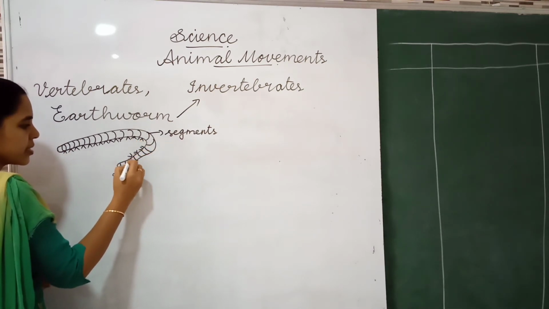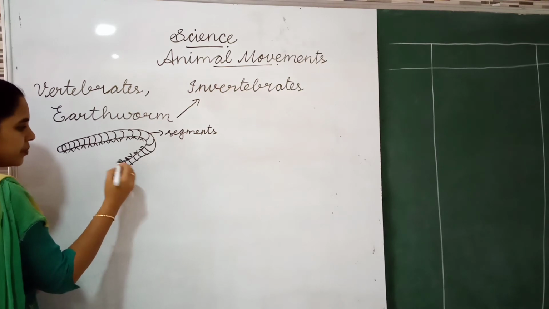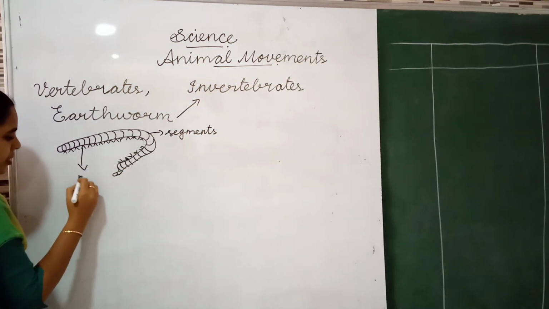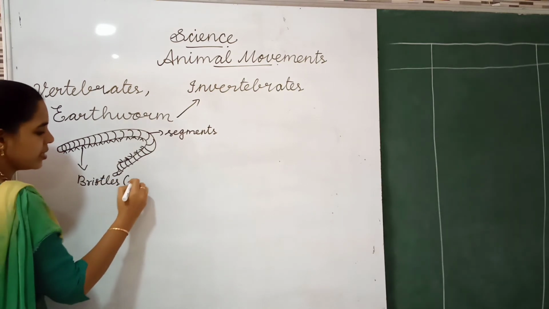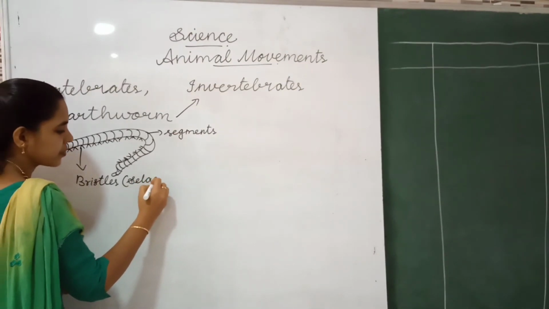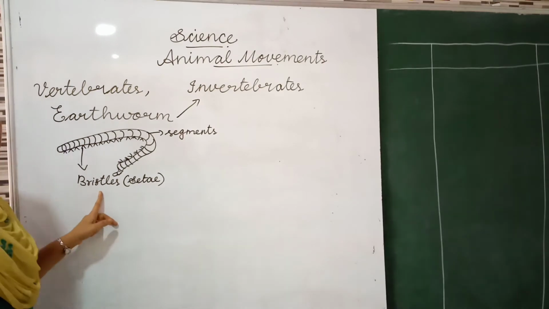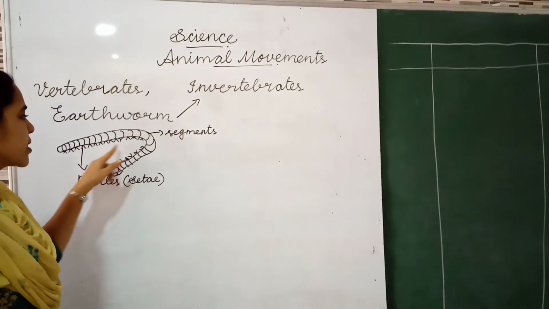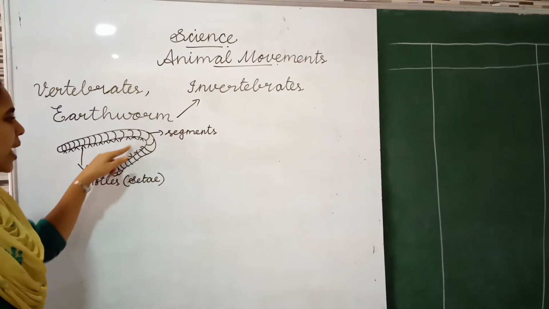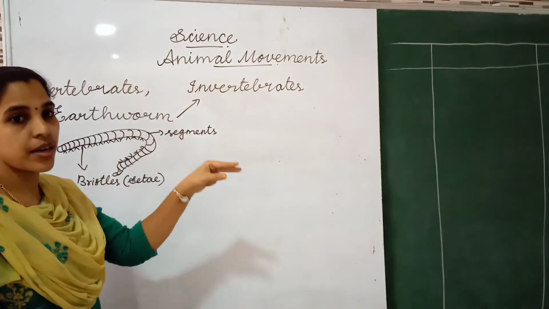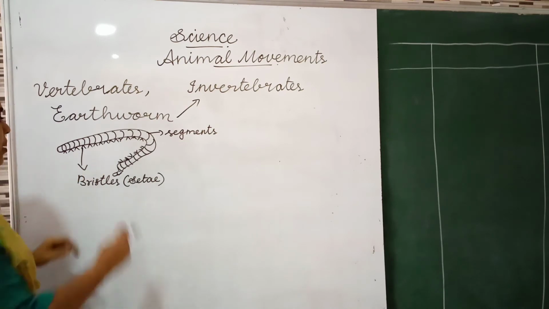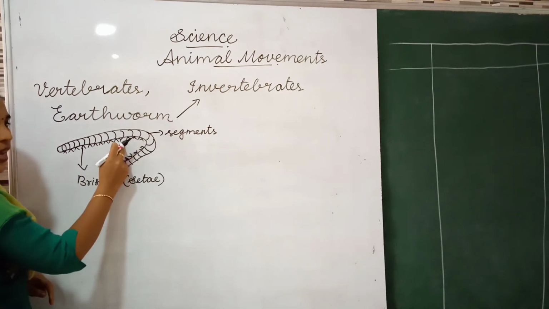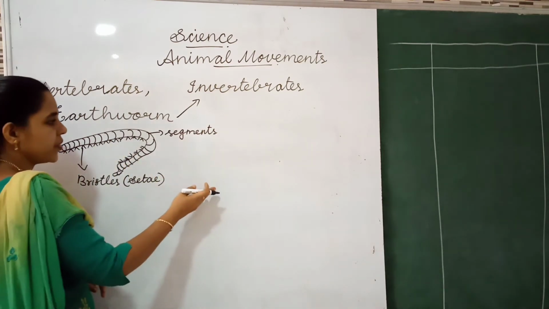The bristles are called setae. What is the use of these bristles? Bristles help the earthworms to move forward. The bristles help the earthworms to move forward.